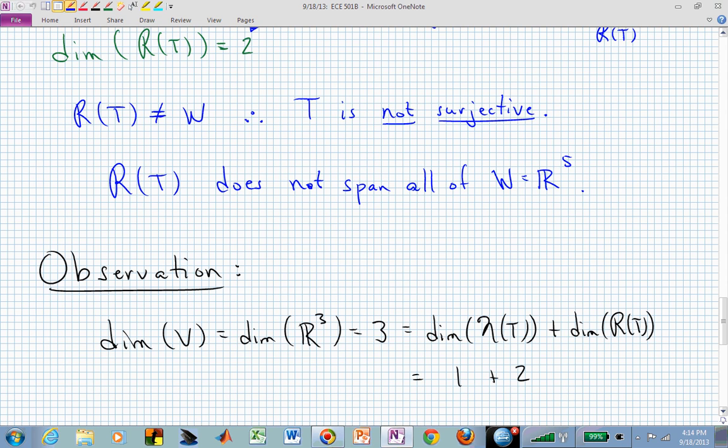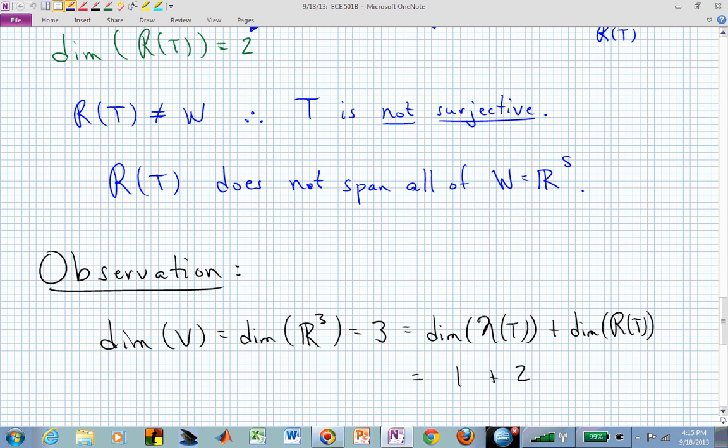V or W? It's in our domain, isn't it? It's V. So that one we feel okay about, but now this range space, what's that a subspace of? W, our codomain. So that's a subspace in this 5-dimensional space.